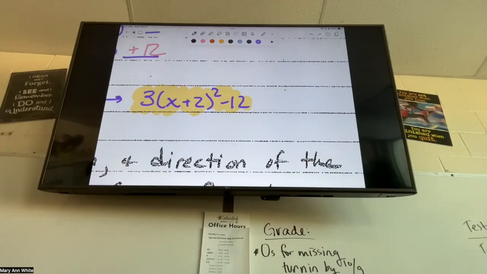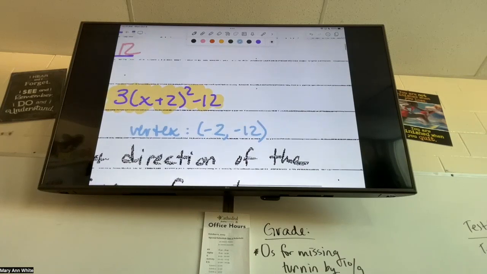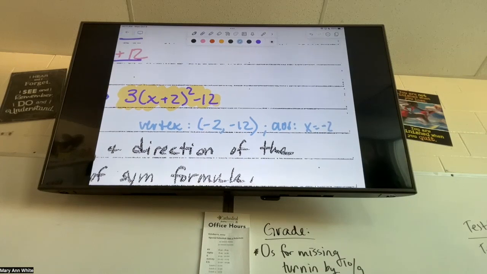Okay, if this is vertex form, what's my vertex? -2, -12. What's my axis of symmetry? -2, x equals -2. And am I going up or down?